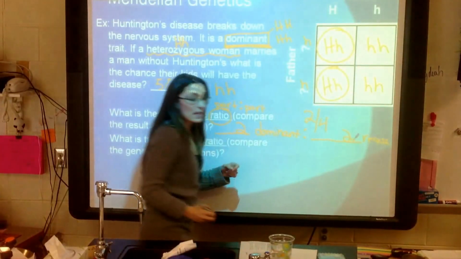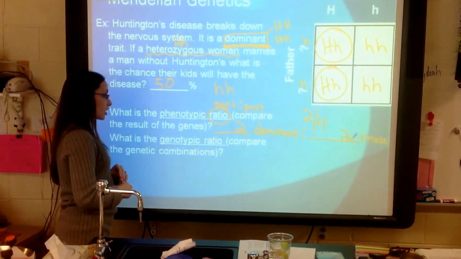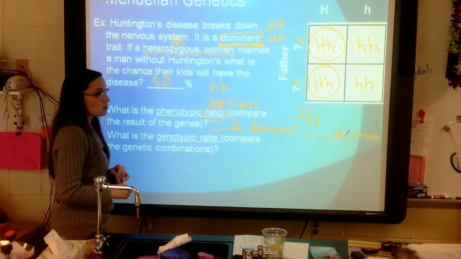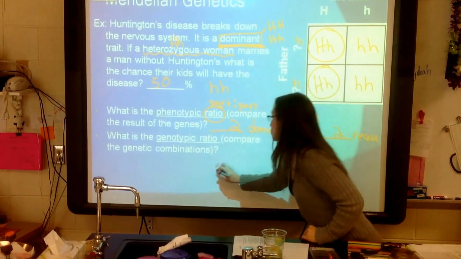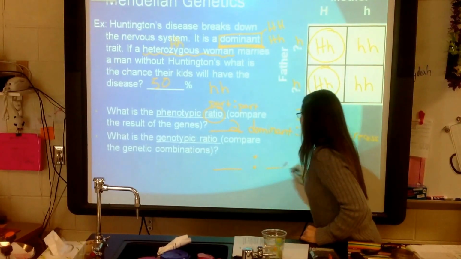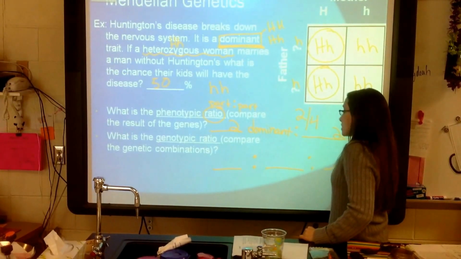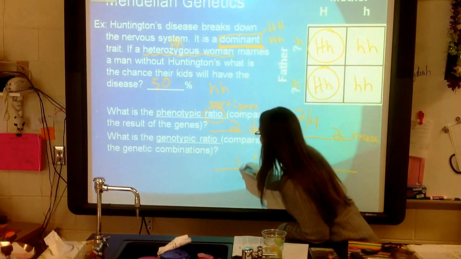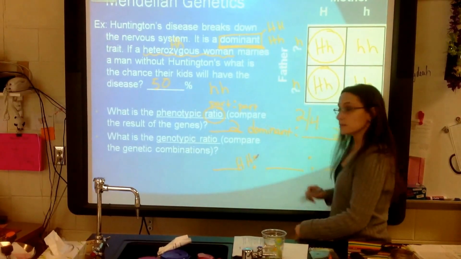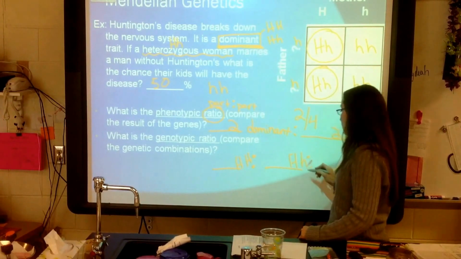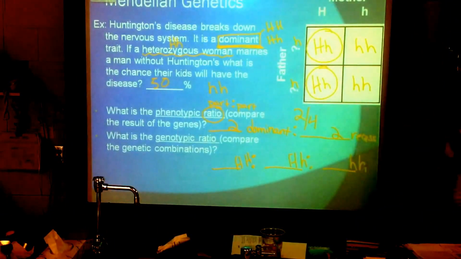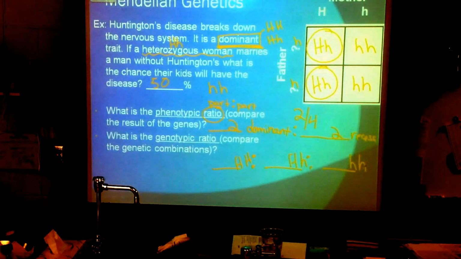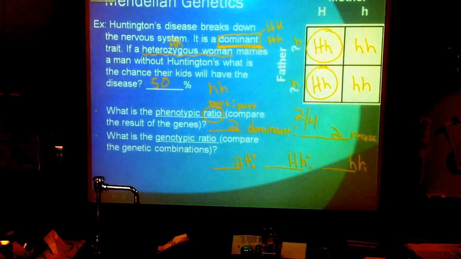And that is our phenotype ratio. But then it wants to know the genotype ratio, comparing part to part to part. Now we have 3 parts, homozygous dominant, heterozygous, and homozygous recessive. So if you'll please fill in how many are each of those genotypes, keeping in mind you can say 0.